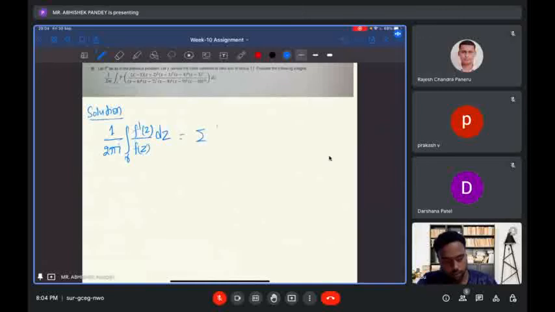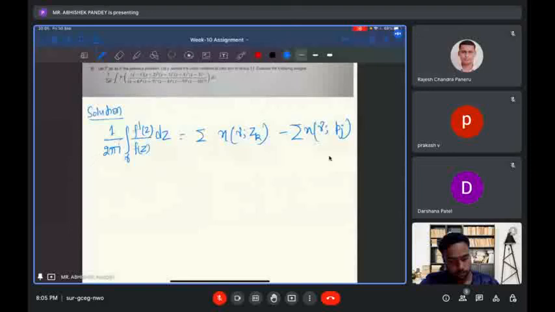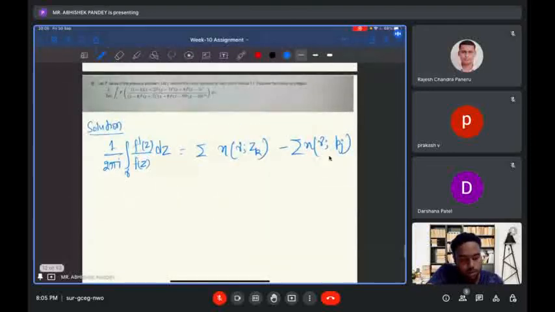the summation of the index number of gamma about the zeros zk minus the summation of the index number of gamma about the poles pj. Here gamma is the circle centered at 0 with radius 11, so mod z equals 11.